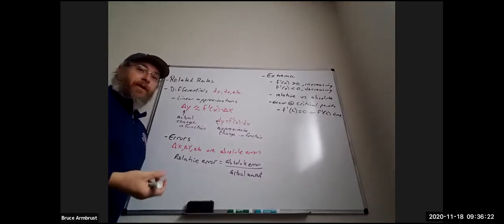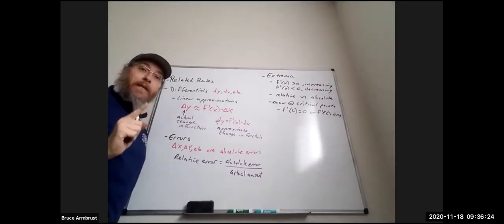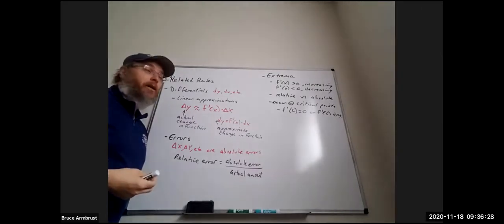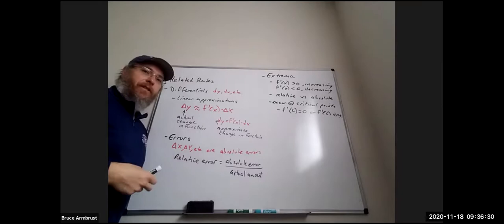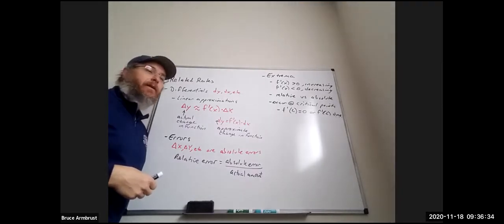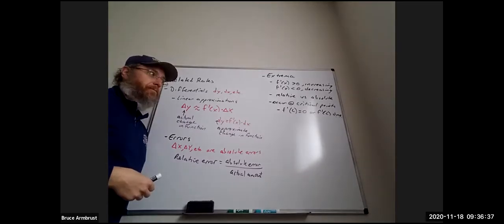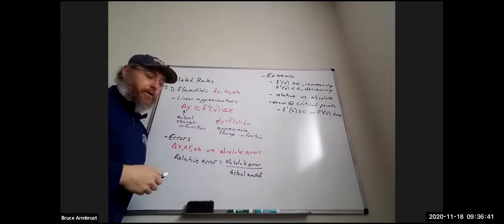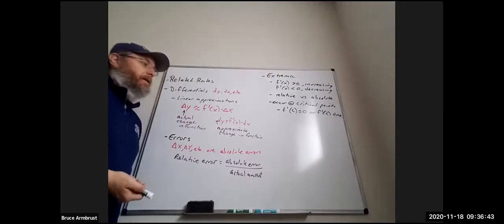Those are potential extrema. Keyword, potential. Not always, right? There are values that do not lead to maxes or mins. So we have to test them some way, but they're going to occur at critical points.